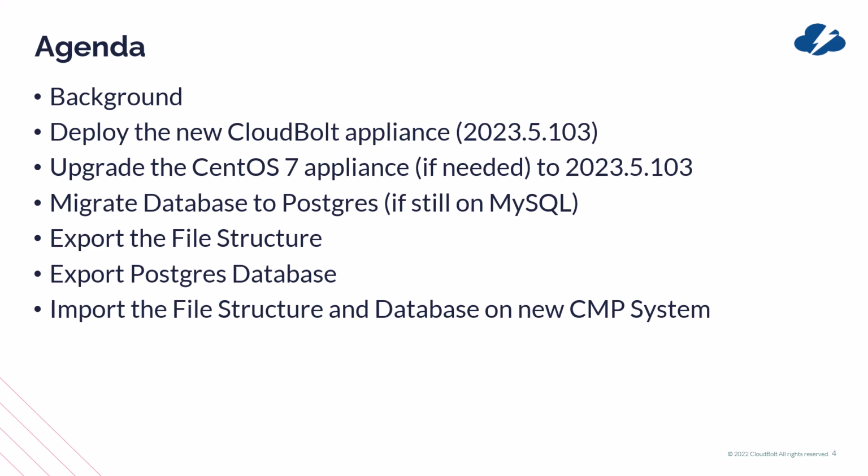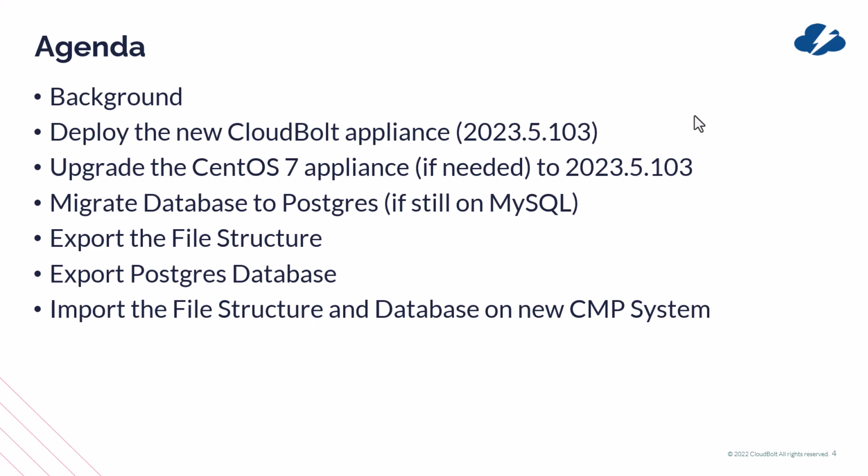That way you can align your new deployment with your existing deployment. If these do not align, your database schemas when you export from one and import to the other won't match, and it'll cause all kinds of havoc. So the big idea here is something that's on 2023, probably .4 or later, and your deployed new appliance has to match that existing version.